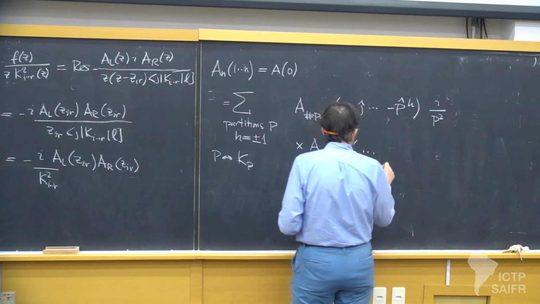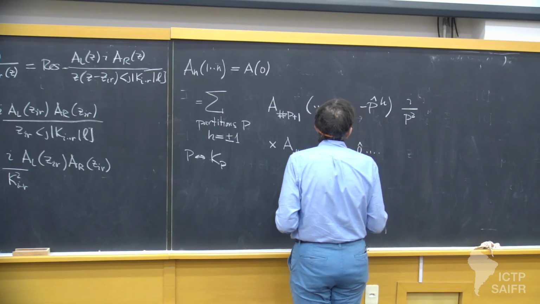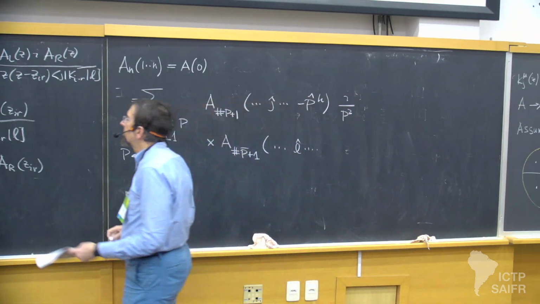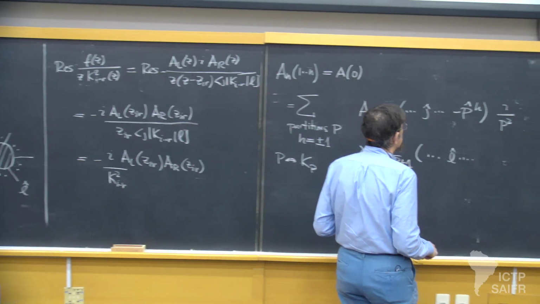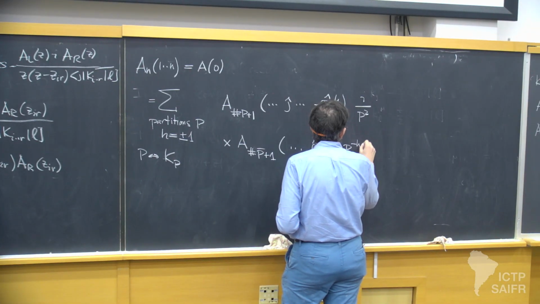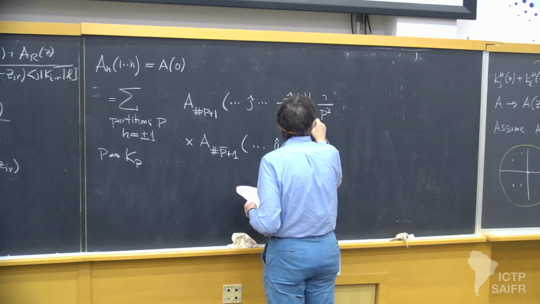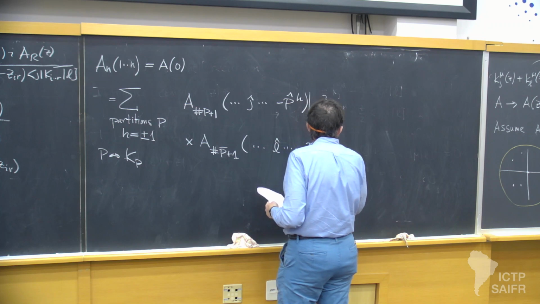And here, the Lth leg has to appear. And again, the hat here means it's evaluated at the location of the particular pole, z_IR, that corresponds to this partition. And here we have, of course, the other. So let me actually just emphasize that this is all evaluated at the pole.